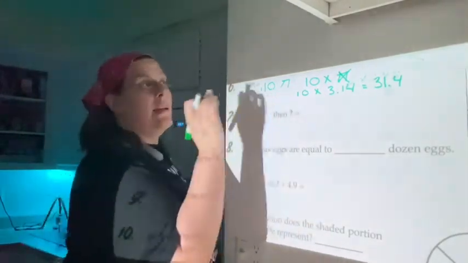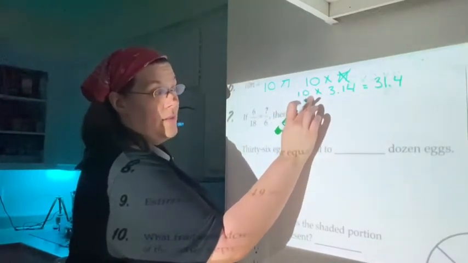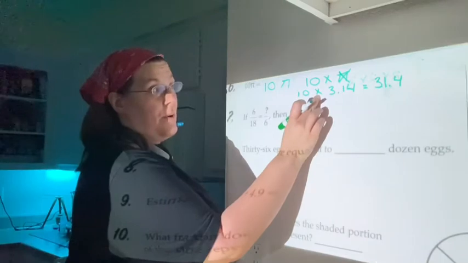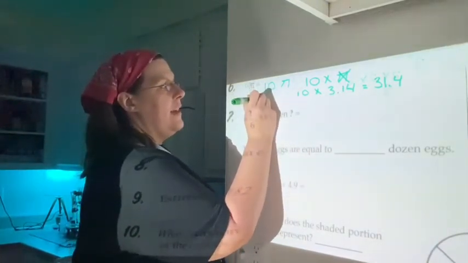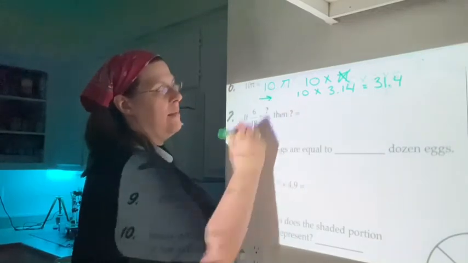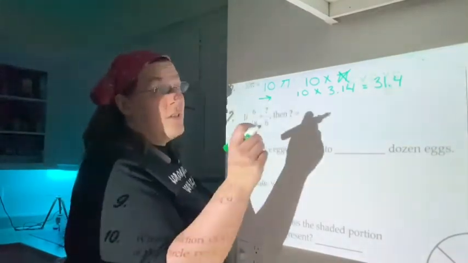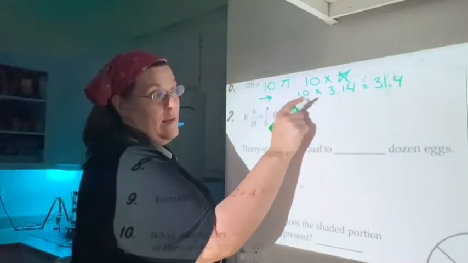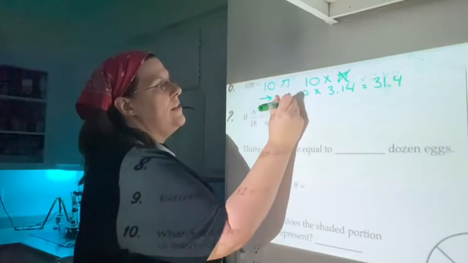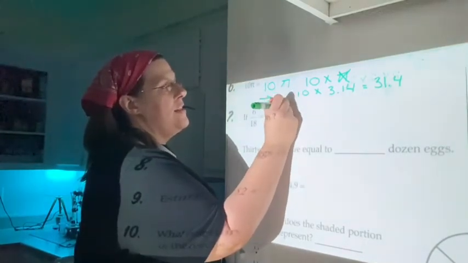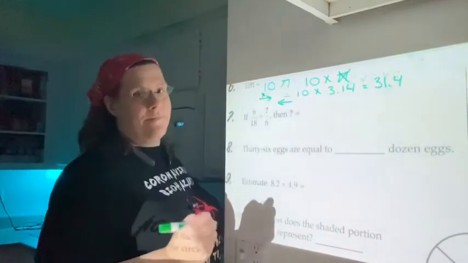If it is a 1 at the beginning with zeros afterwards, and it's a times problem, you're moving the decimal point. If it's times, you're moving it that way. And you just count the zeros. If it's division by 10, 100, 1,000, a million, whatever, then the decimal point is going to go this way. So this way is times, this way is divide.